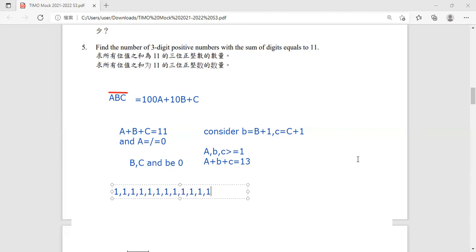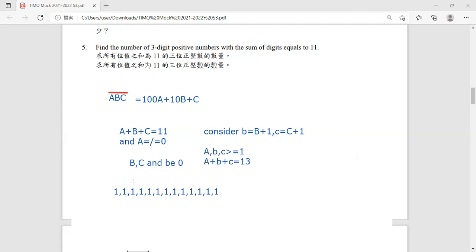Is this equal to C3? I think it's C3. Now you have to split these 13 ones into 3 parts.